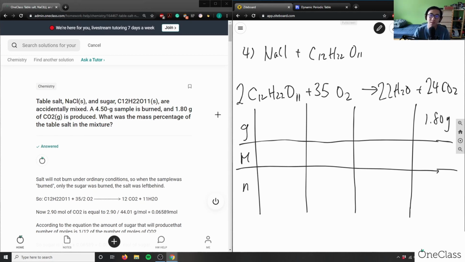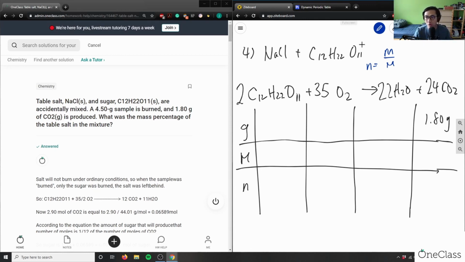So let's figure out the molar mass of CO2 first. The equation, I'll write this in blue, would be moles equals mass over molar mass. Therefore, I can figure out molar mass using the periodic table.